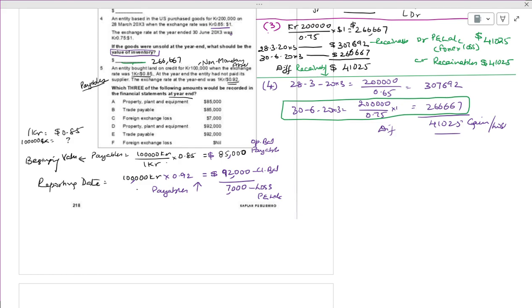I think C, Doctor. What is the foreign exchange loss? There are three answers. This is one, 7,000. Next, another two. Trade payable, 92.